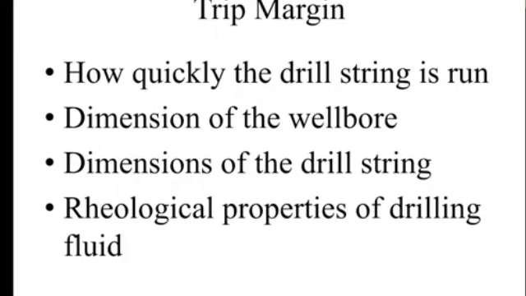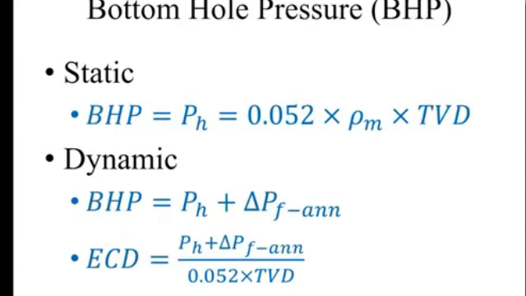We already talked about the trip margin and what factors affect the trip margin. So these are the formulas used to calculate the static and dynamic bottom pressure. For static bottom pressure, 0.052 times mud weight in pounds per gallon times TVD. And in dynamic, it's the hydrostatic pressure plus the pressure drop due to friction inside the annulus, and you should be able to calculate that.